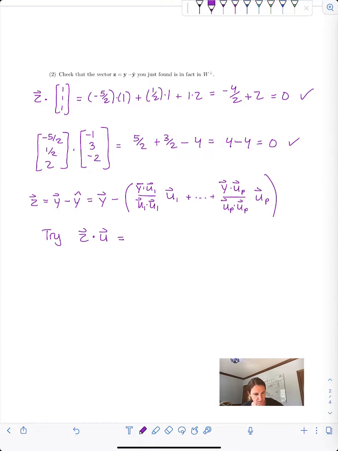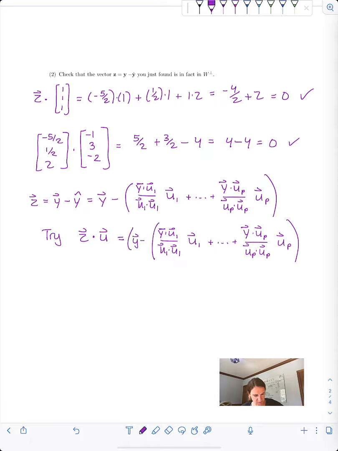So we have Y minus all of this stuff, and we're dotting that. Okay. So we have Y minus this thing dotted with, let's just try U1.